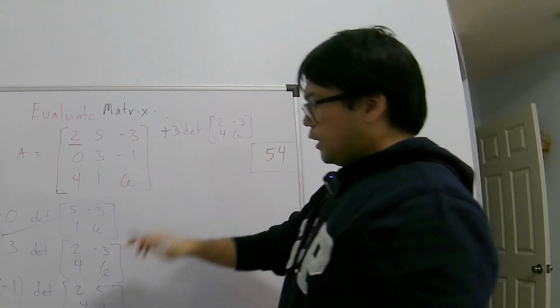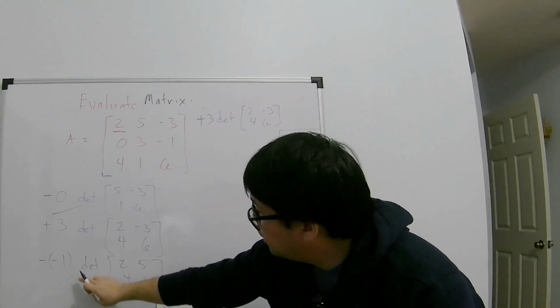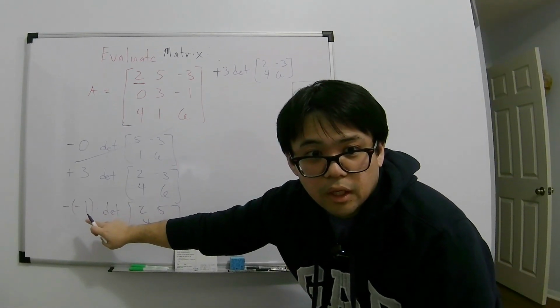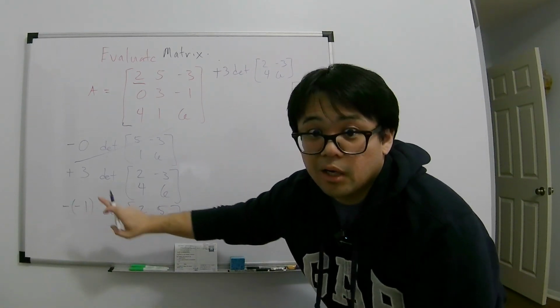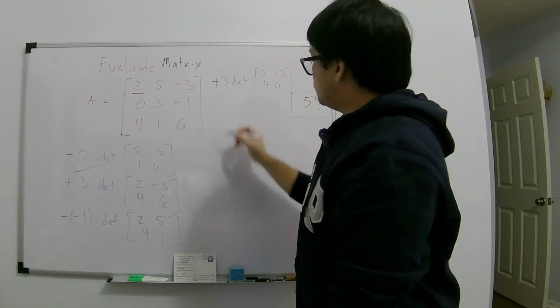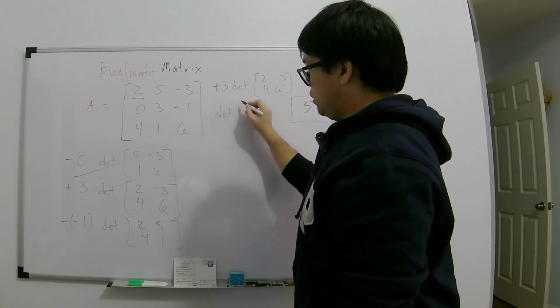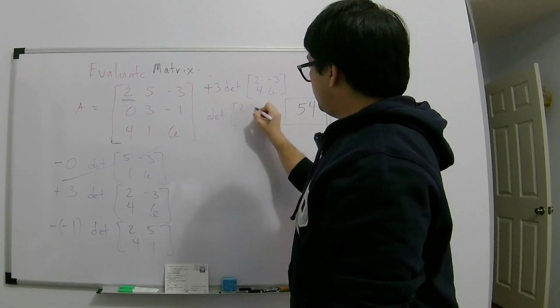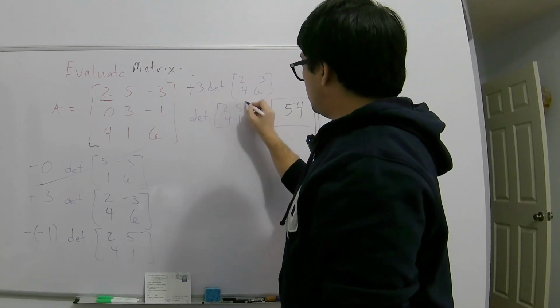And then negative times a -1 is a +1. So it's just a 1. So you just take the determinant of 2, 5, 4, and 1.